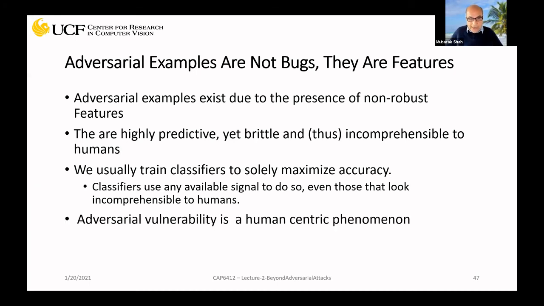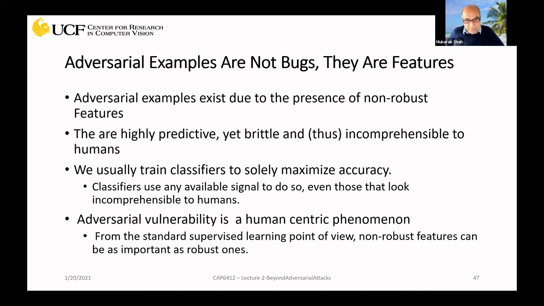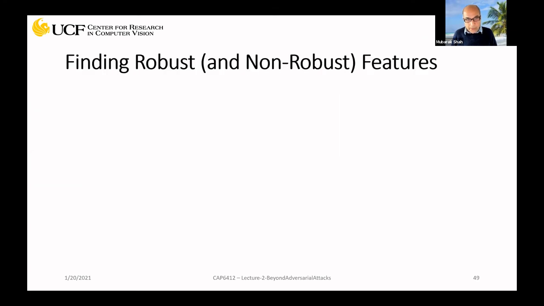So adversarial vulnerability is like a human-centric phenomenon. And from the standard supervised learning point of view, non-robust features can be as important as robust ones, because their purpose is to maximize accuracy, and that's fine. They get good accuracy, even though they are using non-robust features. So what we want to do here is find the robust and non-robust features and give them some more insight.